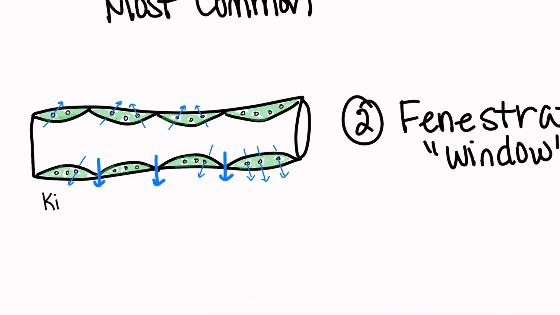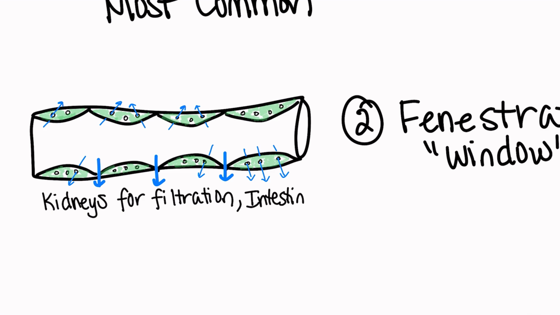So we have these kinds of capillaries in our kidneys for filtration at something called the glomerulus. And then we also have them in our intestines, so they're better at absorbing nutrients.